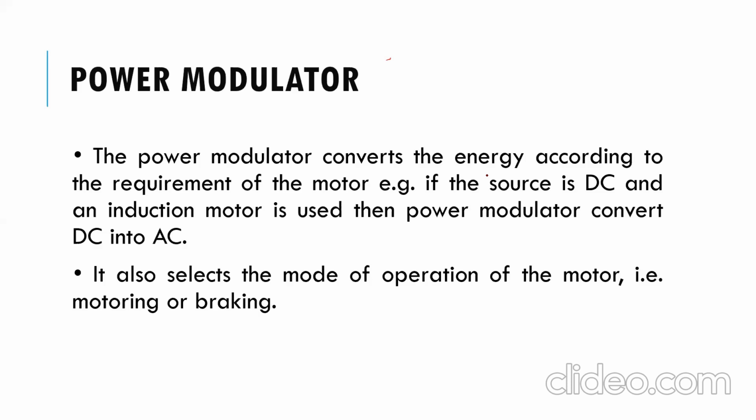So to get inverter operation, you have to reverse the voltage. Means what? The average value of the output DC voltage must be negative. Two conditions you have to satisfy: first, alpha must be greater than 90 degrees, and second, the average output DC voltage must be negative. Then and only then will you get inversion operation.